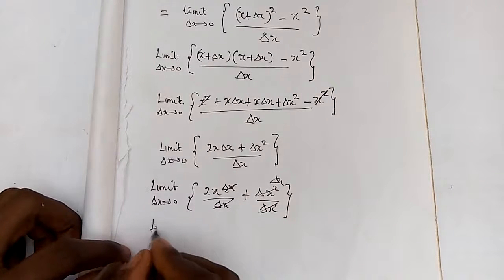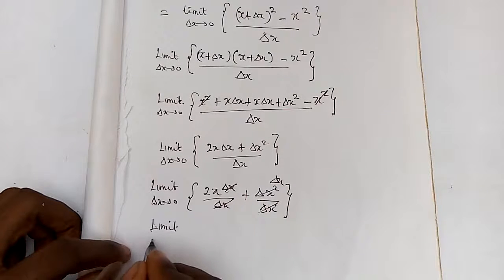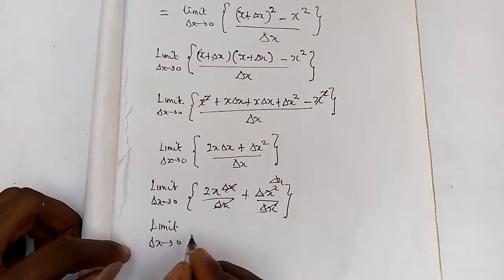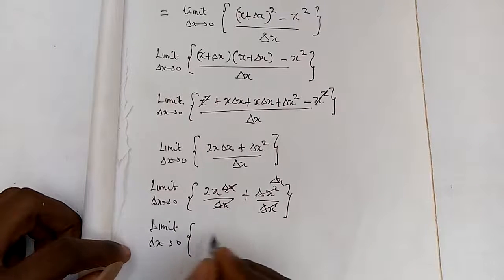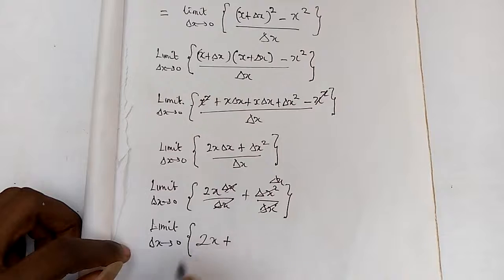So we have our limit as change of x approaches 0 of 2x plus change of x.